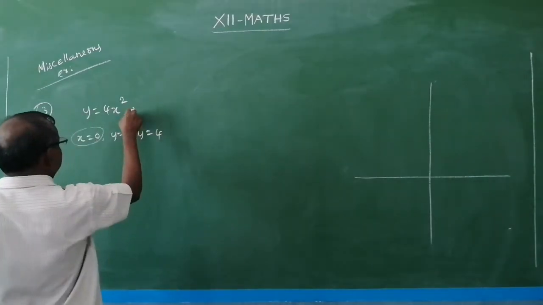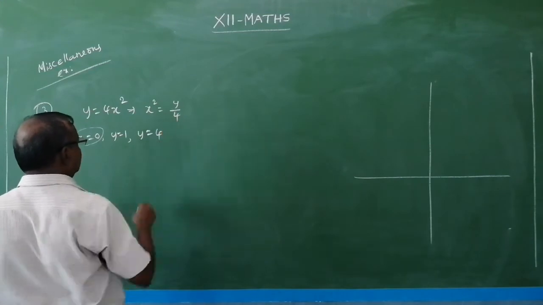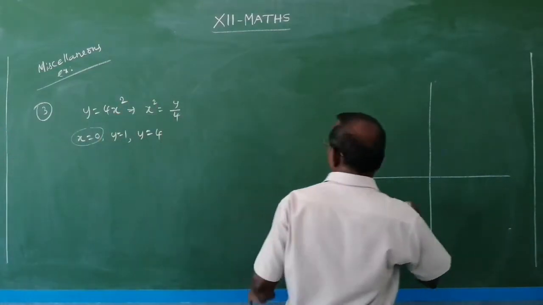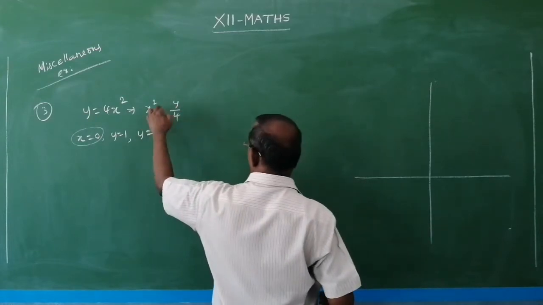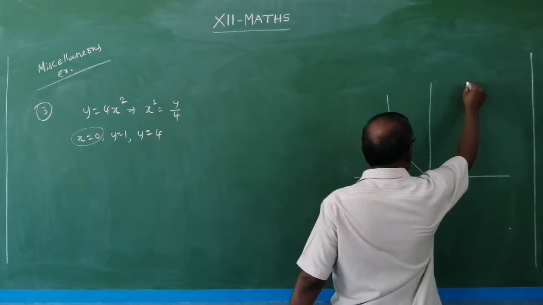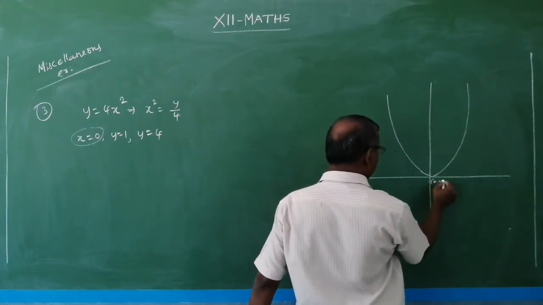Here we can write this as x square equal to y by 4. Any quadratic equation in x is a parabola open upward. It also passes through the origin. Put x equal to 0, we have y equal to 0. So it is a parabola open upward whose vertex is at the origin 0, 0.